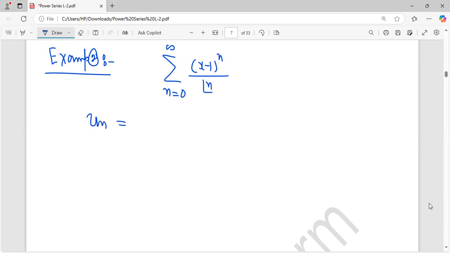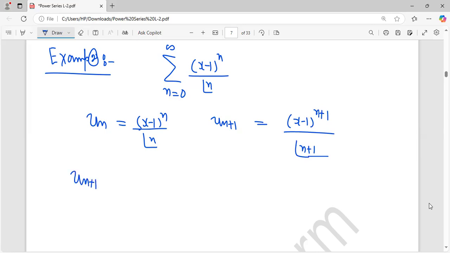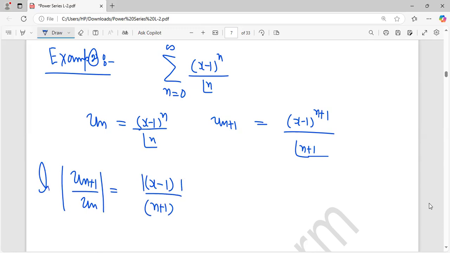Then what is u_n? What is u_(n+1)? So what is u_(n+1) upon u_n? That is (x minus 1) upon n plus 1. So take the modulus, and take the limit. This is going to be 0.